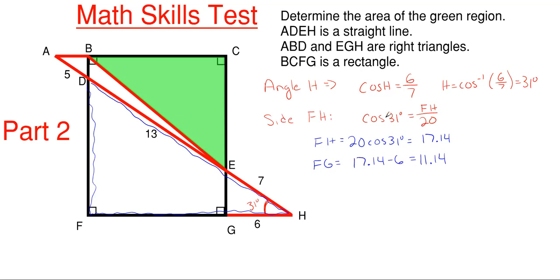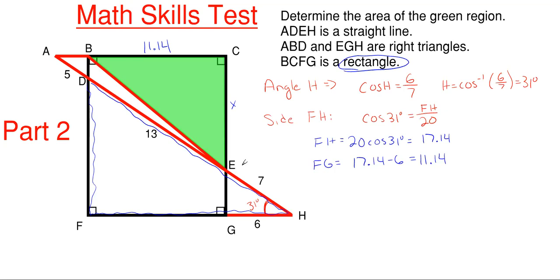Now, since this is a rectangle, FG is the same dimension as BC up here, which is 11.14. In order to find this green region, I just need one more side, which is C to E, because this forms a right triangle.